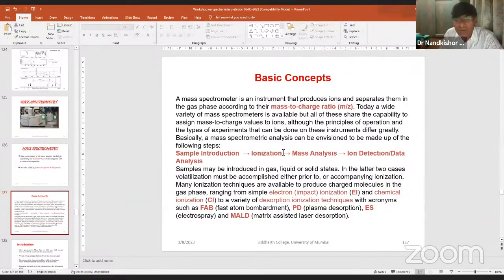But in case of mass spectrometry, the sample will be destroyed because we are going to bombard that molecule with the electron gun. So the molecule gets fragmented or destroyed in the spectrometer. But the beauty of this technique is that the sample required is at the ppm level, which is very fine.